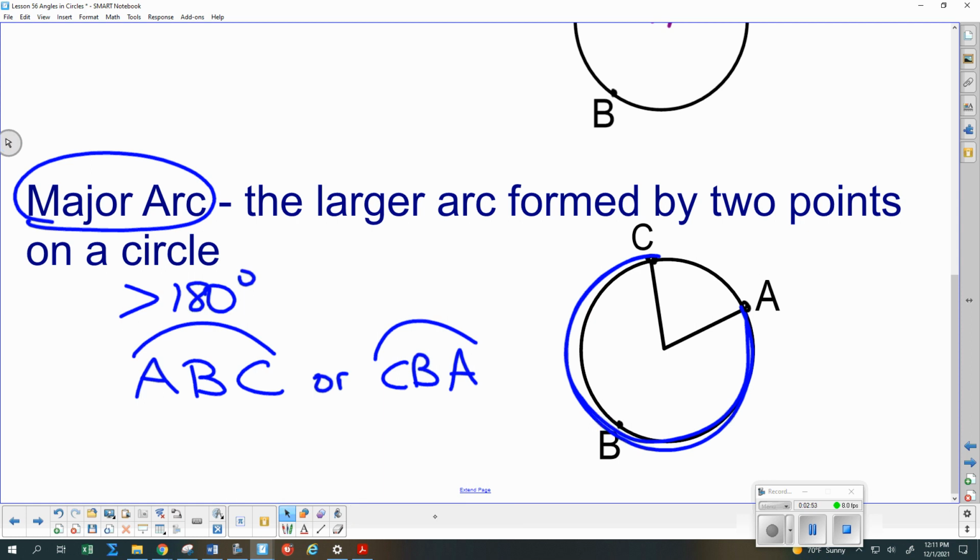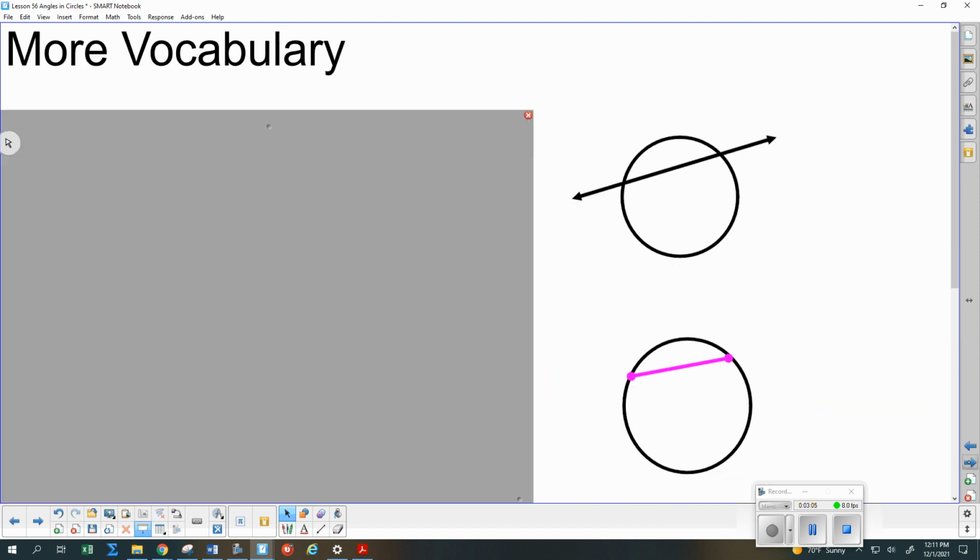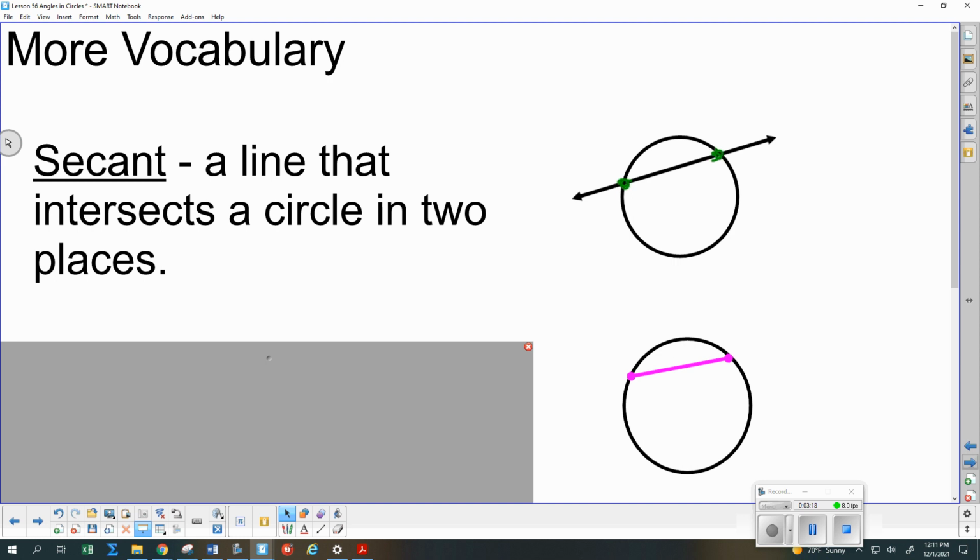For the pictures that I gave you at the beginning, we had some lines going through circles, and they were intercepting different arcs of different sizes in there. And let's talk about some of the different kinds of lines that we could have. We could have something that goes through a circle and intersects it at 2 points. When that is true, we call it a secant.